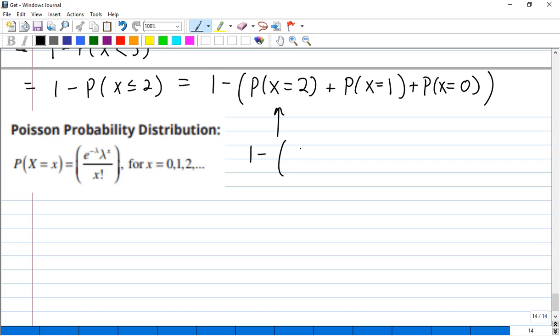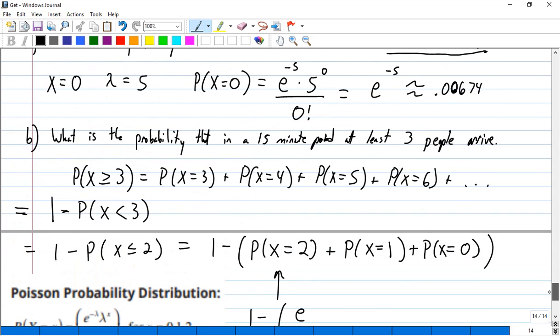So it's going to be e to the negative 2 times what? Is that right? No. What's lambda?